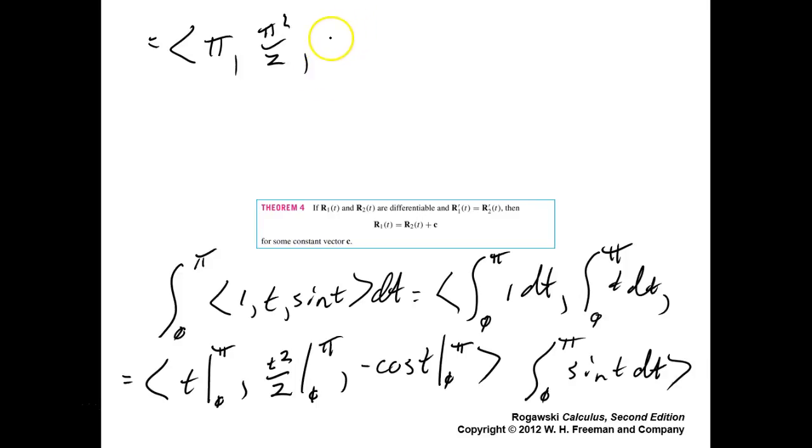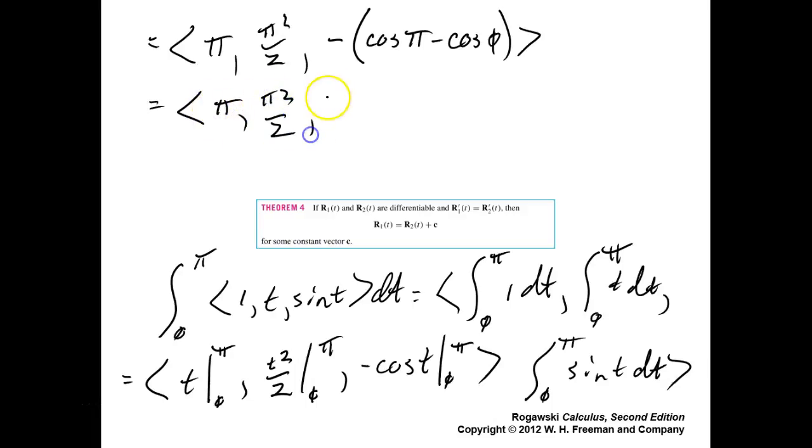Let's write it in. It's the minus, I'm going to put it in parentheses, cosine of pi minus cosine of 0. You buy that? Okay. Right? So this will be angle bracket pi squared over 2, comma.